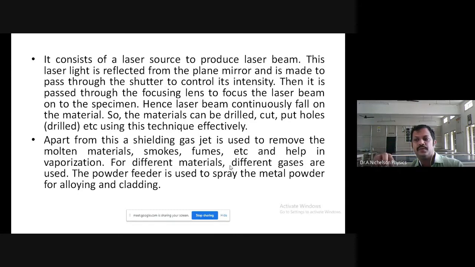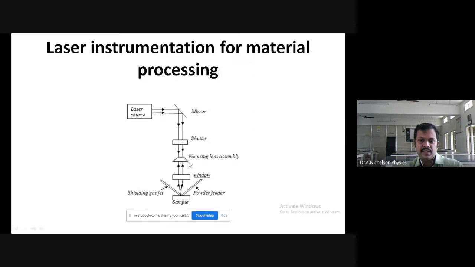If you use the laser to put some holes or for cutting purposes, some residues will be there. That can be removed using this shielding gas jet. So that is at the left side. After making the holes, if there is any residue of this molten material, that can be removed by this shielding gas jet. And another one is the powder feeder.